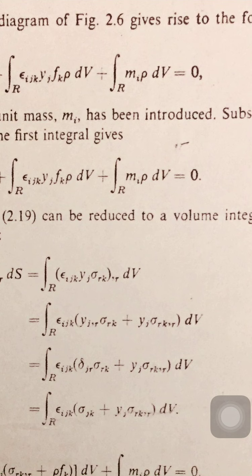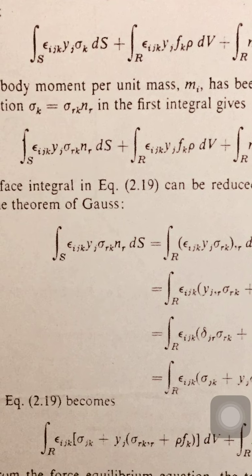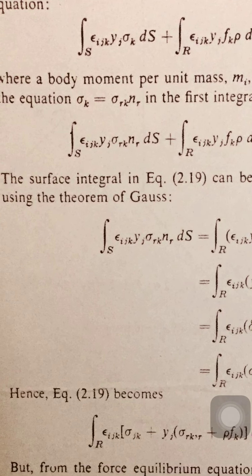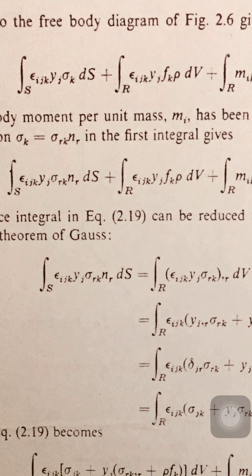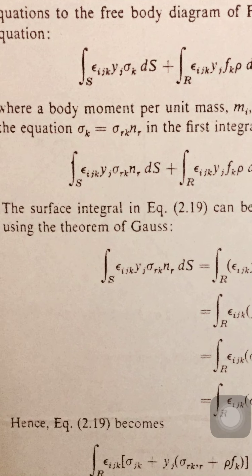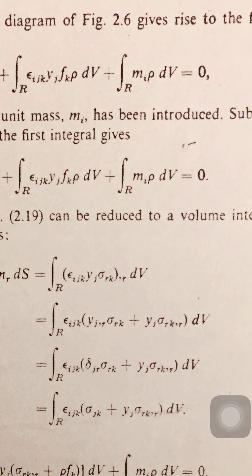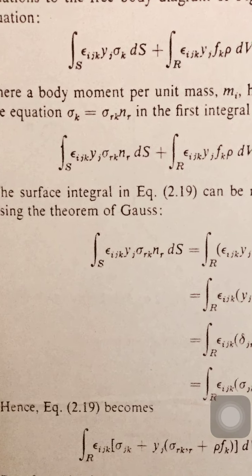So three terms generate the moment, and the sum of these three terms should be 0, which is called the equilibrium equation. Now how we solve these three terms is important. Sigma k is a stress vector. Using the components of the stress tensor, we can write sigma k as sigma rk nr in the first equation. The second is as such, and the third is also as such, which becomes equation 2.19.